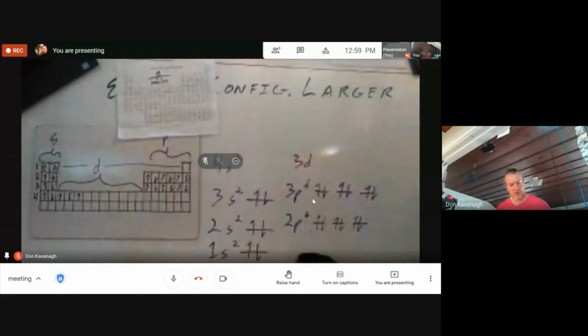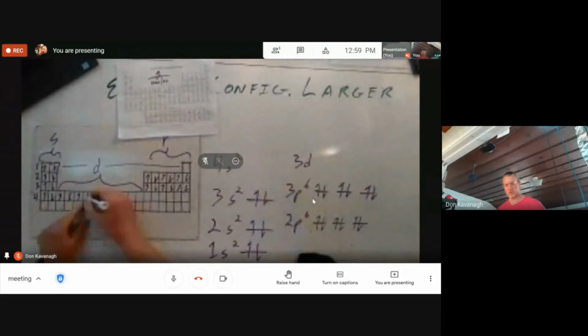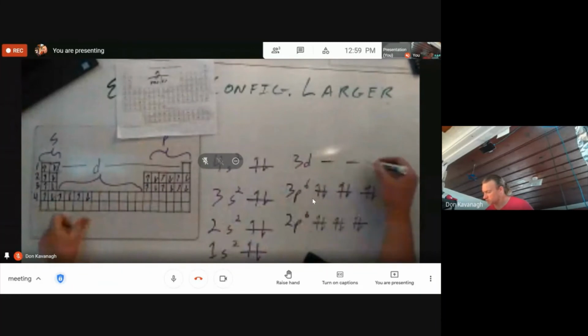So following this pattern, let me fill this up here, chromium. Again, I have my electrons filled into the same box that chromium occupies on the periodic table. And then just following along with the pattern, 4s2, 3d4: 1, 2, 3, 4.